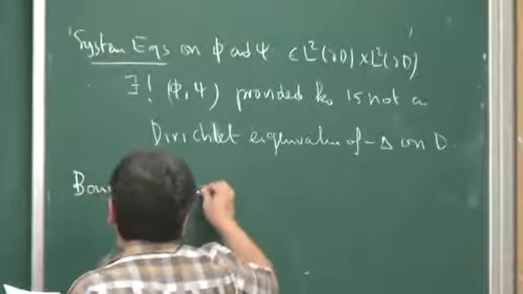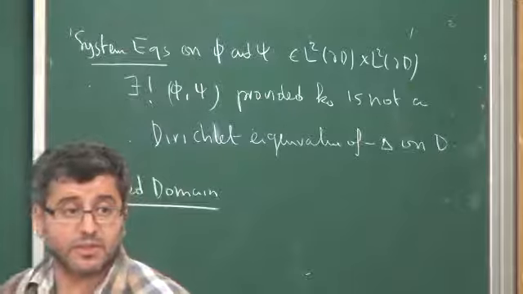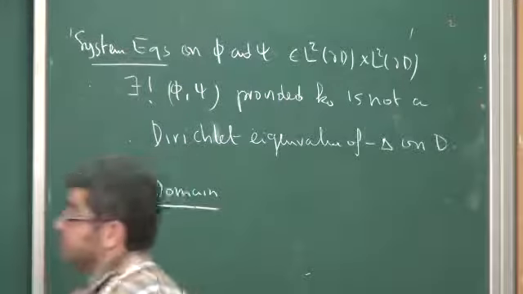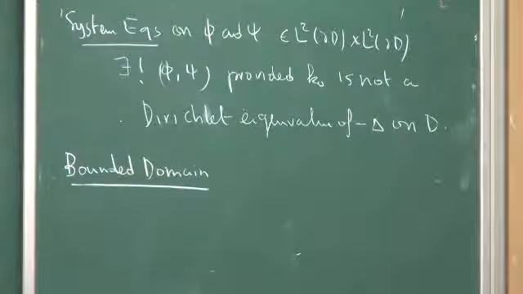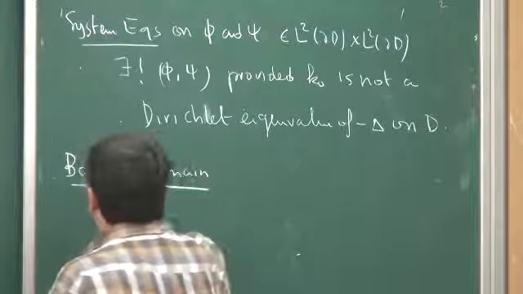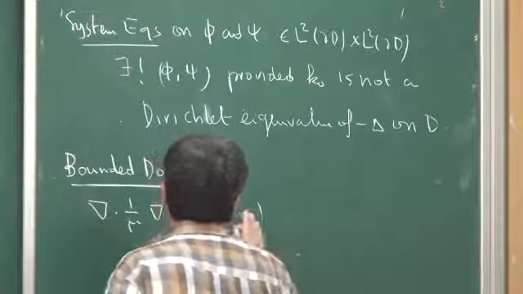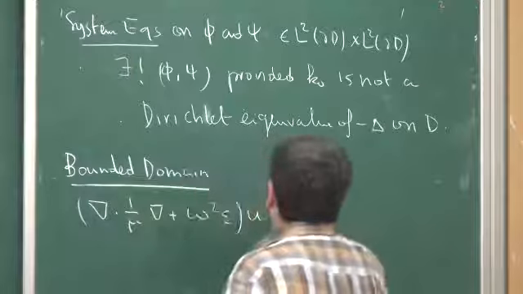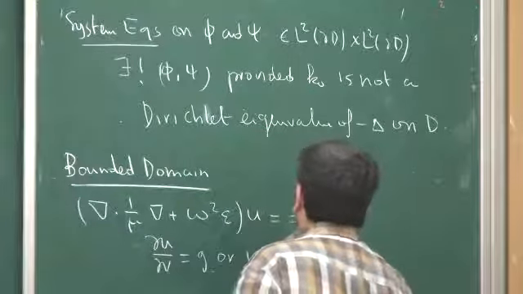What happens when it's a bounded domain? For a bounded domain, first there may not be a solution. The equation is the same, with either the normal derivative equal to g or the other condition u equal to f on the boundary.